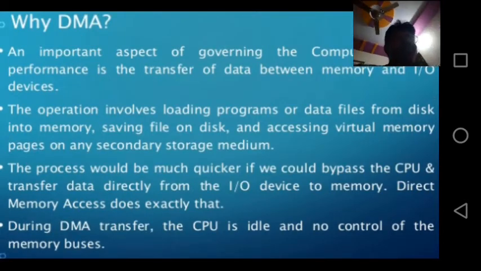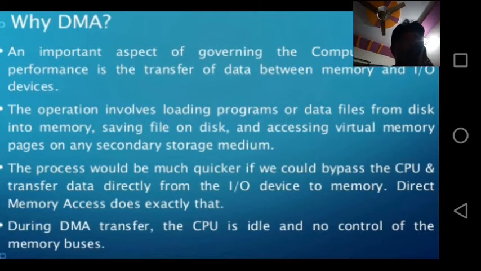So why DMA? An important aspect governing computer system performance is the transfer of data between memory and IO devices, that is, how quickly the data can be transferred between memory and IO devices.